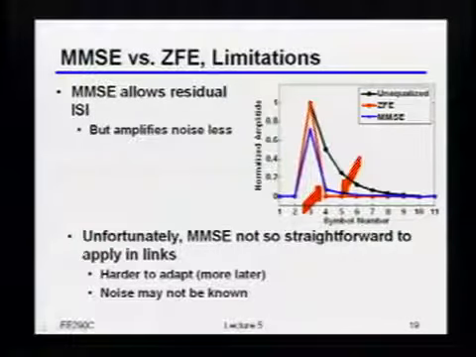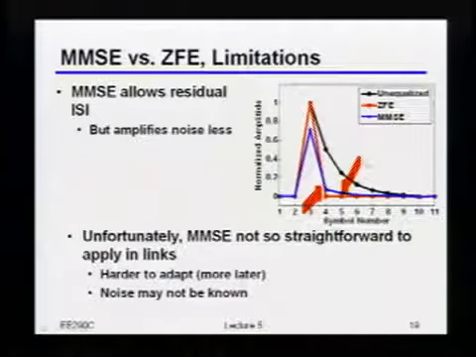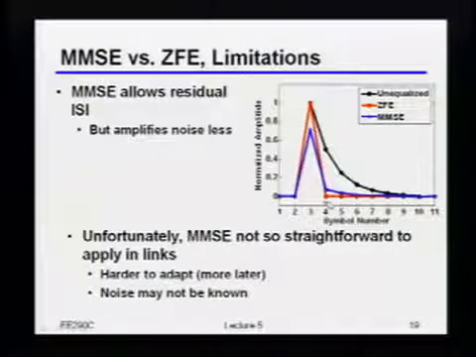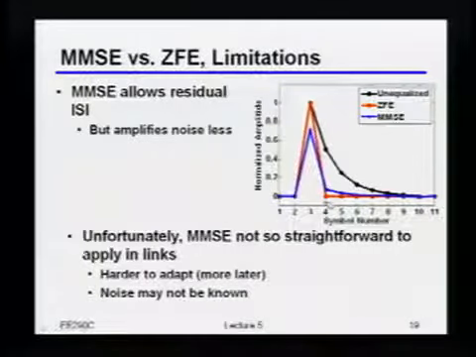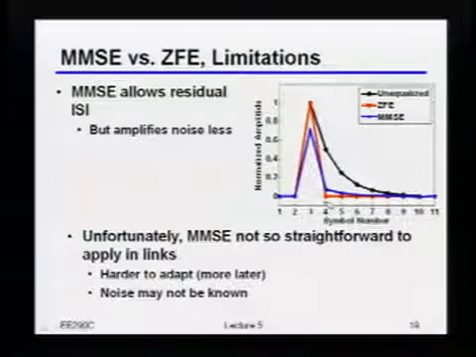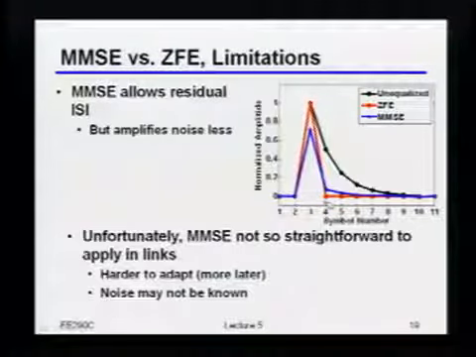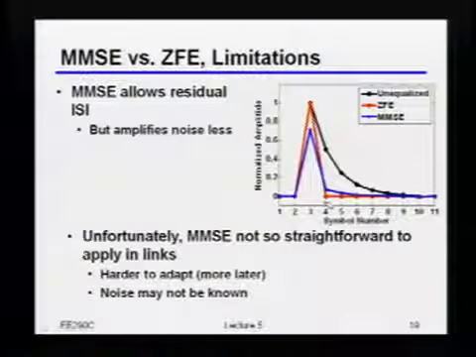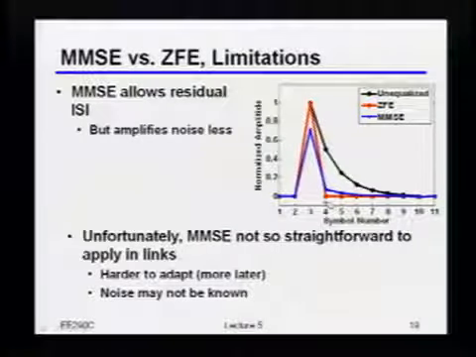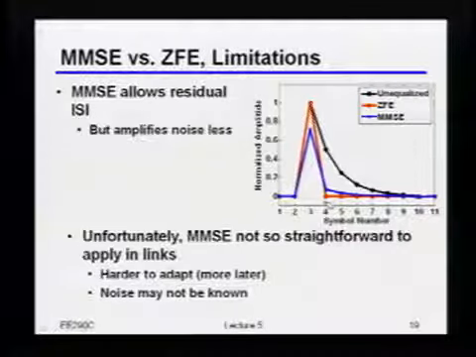Okay, so there's unfortunately some not so good news about this, which is that despite MMSE being very interesting, if you talk to the comms people, or if you do any kind of wireless stuff, they'll say, oh yeah, I have an MMSE equalizer. It's very, very rarely used in links. There are two straightforward reasons for that. The first is that it's a little bit trickier to figure out how you actually adapt this equalizer, which we'll talk about more later on.